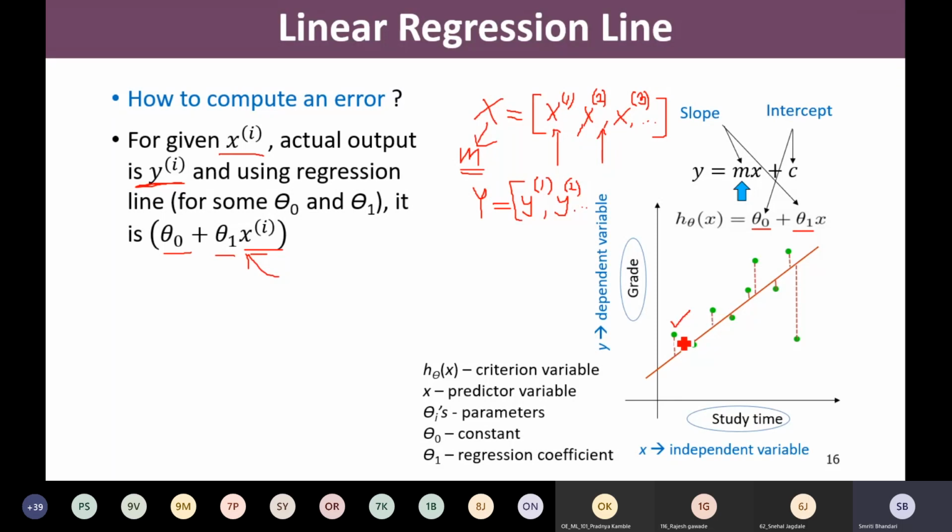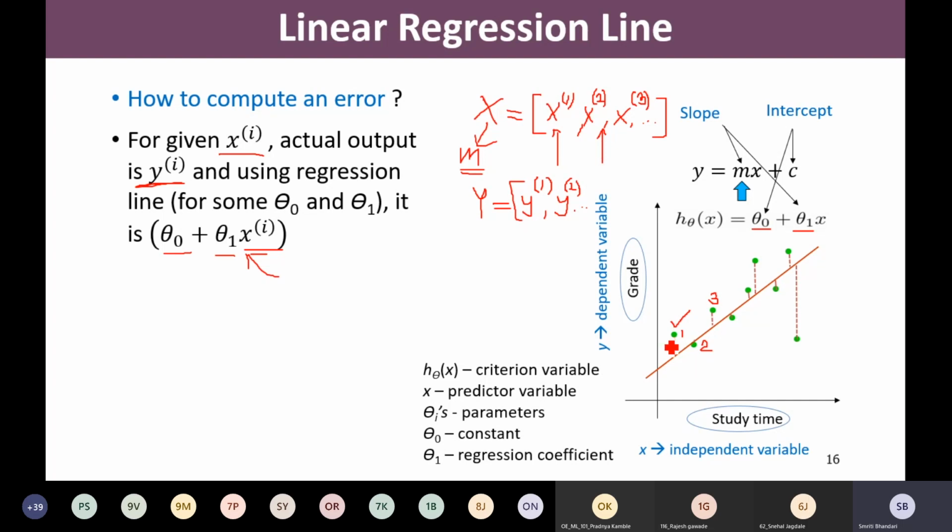Okay? And also associated with every student, I am having some output y, the actual output y. So if this is my first student, if this is my second student, if this is my third student, then how am I going to denote the data related to all those students? I am going to represent my entire data set as this capital X.